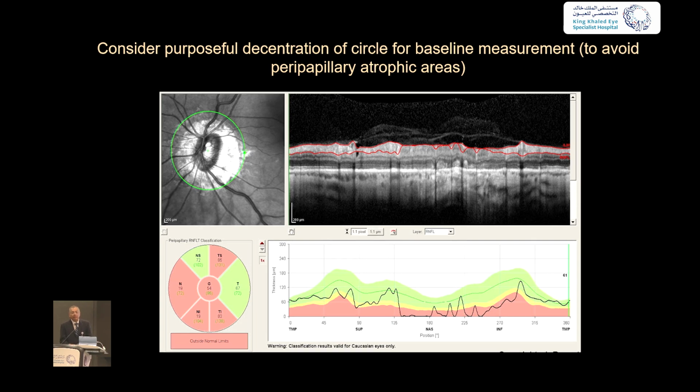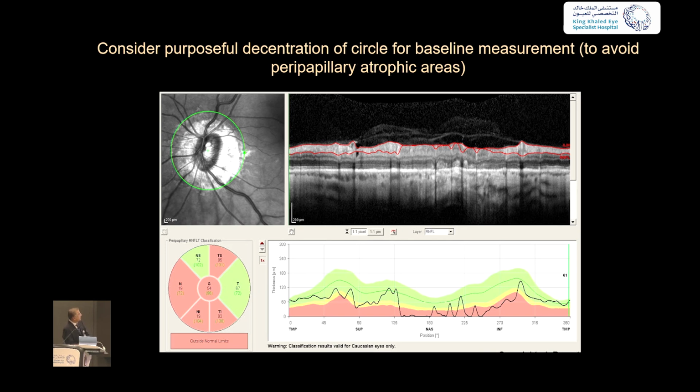Let's look at myopia. In moderate to high myopia, you get severe peripapillary atrophy. So one is we can decenter the scan to get a good nerve fiber layer thickness. And though this is not going to be reliable, and therefore neither is this, what you can see is the nerve fiber layer thickness here and here is completely normal.